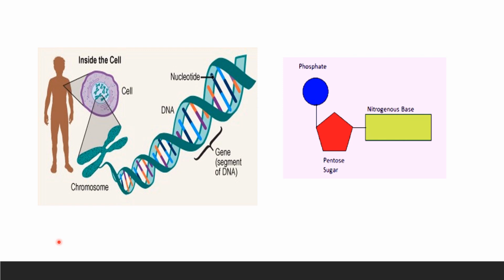Now you can see, in the previous video, if you have watched, regarding the structure of a nucleotide, we made it in the last video. So now you have an idea of how the monomer of DNA looks. In the previous video we talked about the cell, and in every cell we have a nucleus. Inside the nucleus we have a genetic material, that is DNA.